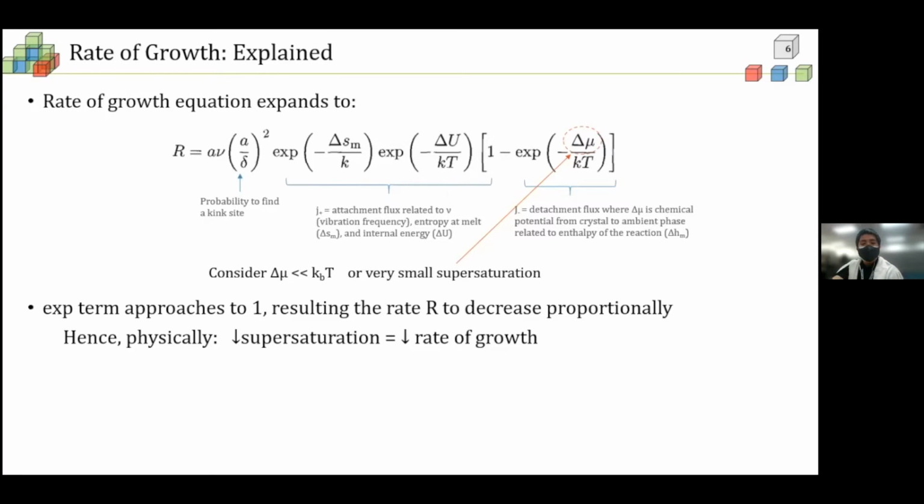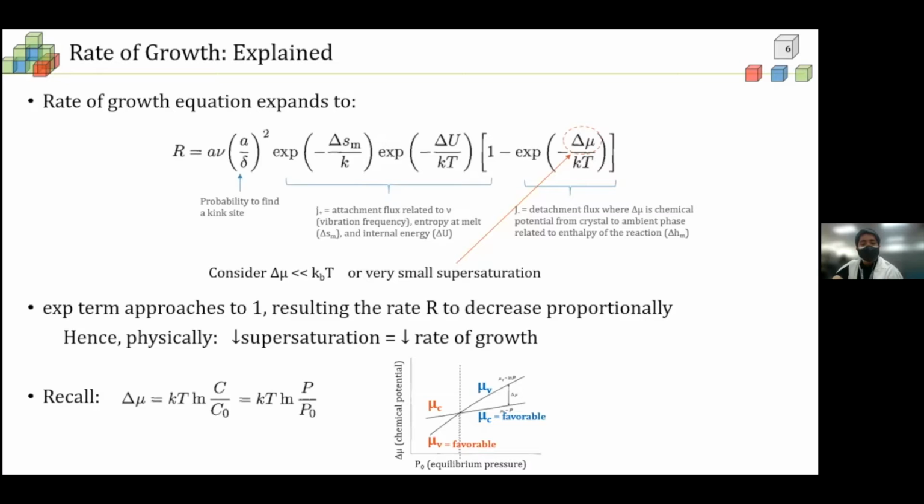Hence, the first item to understand in terms of the rate of growth for normal layers in our rough surfaces is that if there are low supersaturation solutions, the rate of growth is also less.